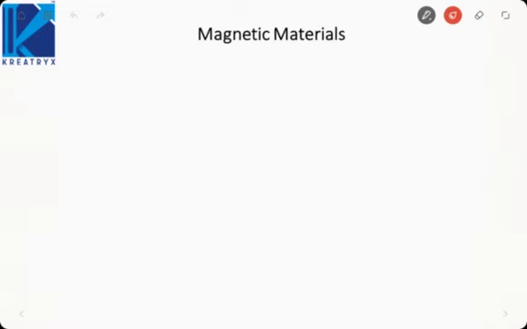Now let us see what kind of materials we use for the construction of electrical machines. What kind of magnetic materials do we use? So the first question arises: what is meant by magnetic materials? The materials that can be magnetized are called magnetic materials.